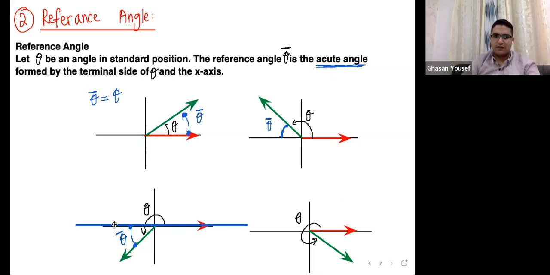For the last one, here's my x-axis, and here is my terminal side. So the acute angle is this, from here to here. This is theta bar. Any question for the reference angle?